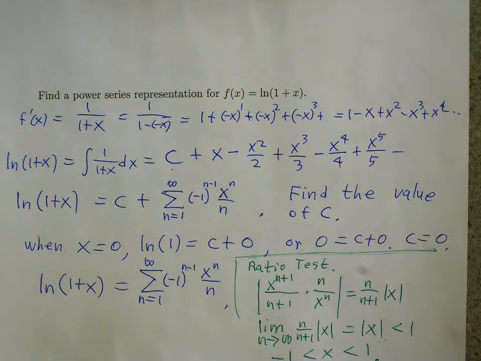And then to check the endpoints, well, when x is positive 1, we just get the alternating harmonic series.